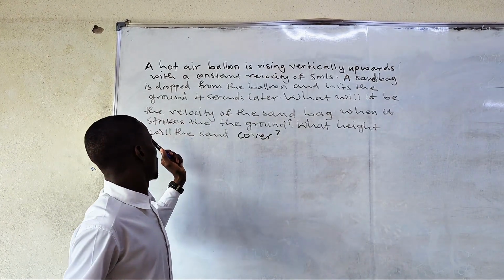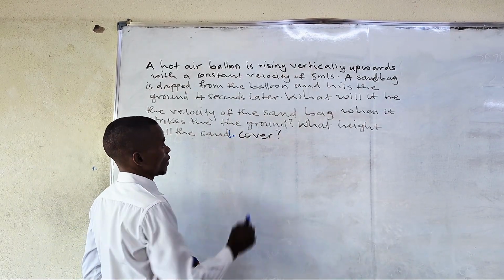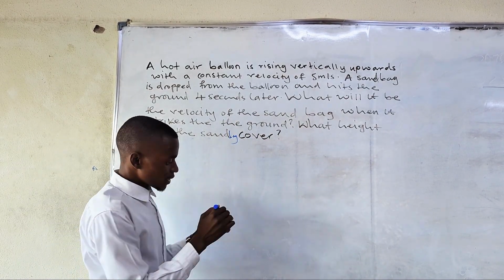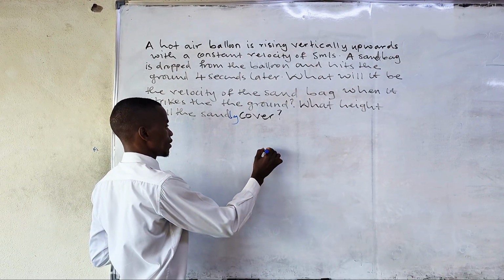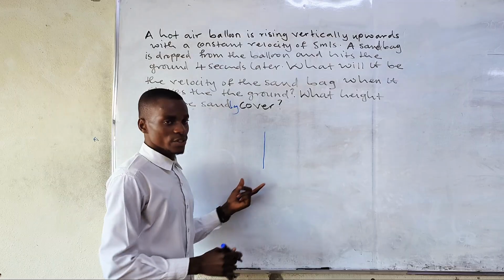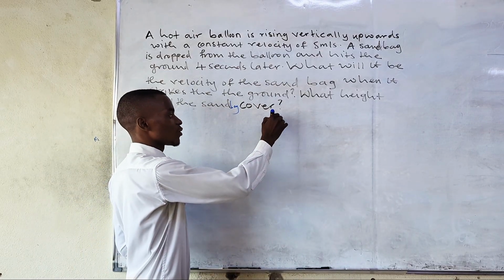What height of the sandbag? Because this has to be the sandbag. So for questions of this type, if a balloon is moving upwards to a certain height and happens to drop an object, that object won't just go downwards.